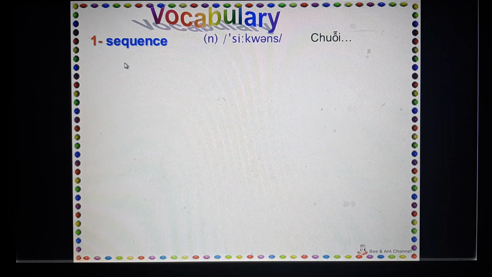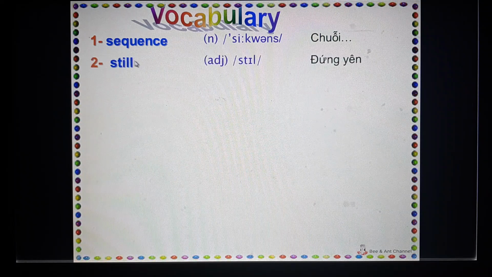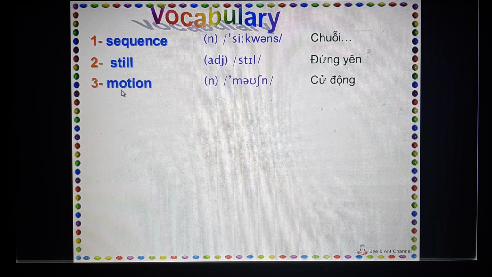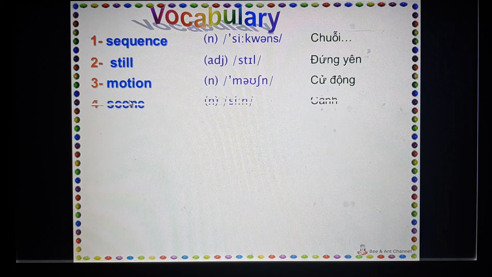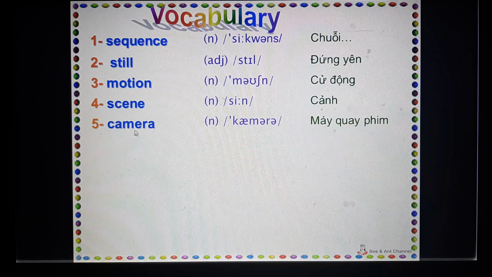Now listen and repeat. Sequence. Remember the stress falls on the first, second, or third syllable. Sequence. Still. Motion. Scene. Camera.